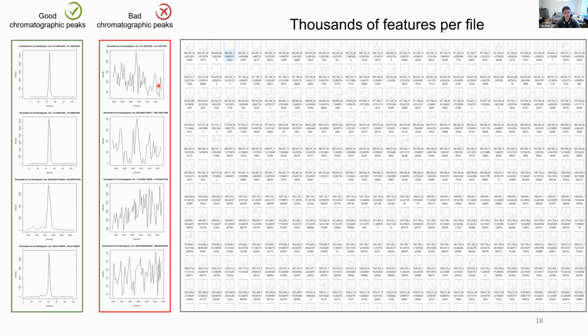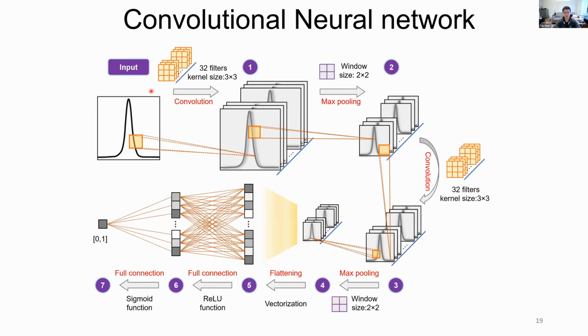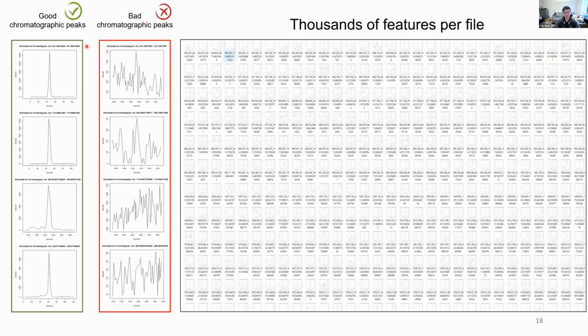My interpretation is that since we can manually tell the difference, there must be some pattern, although it might not be easy for us to extract the variables, but we can use some computational tool. Here, we use a convolutional neural network to automatically learn the patterns of high quality and bad quality chromatographic peaks.